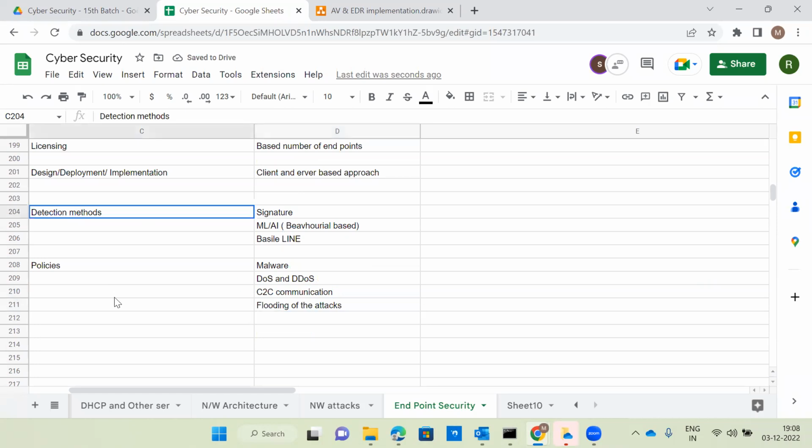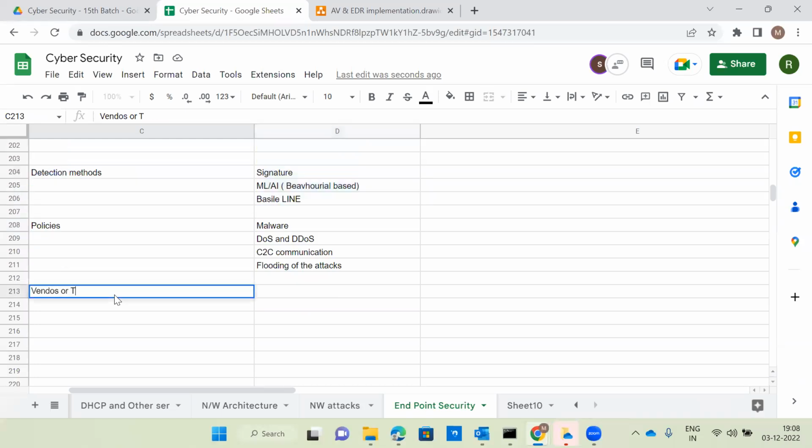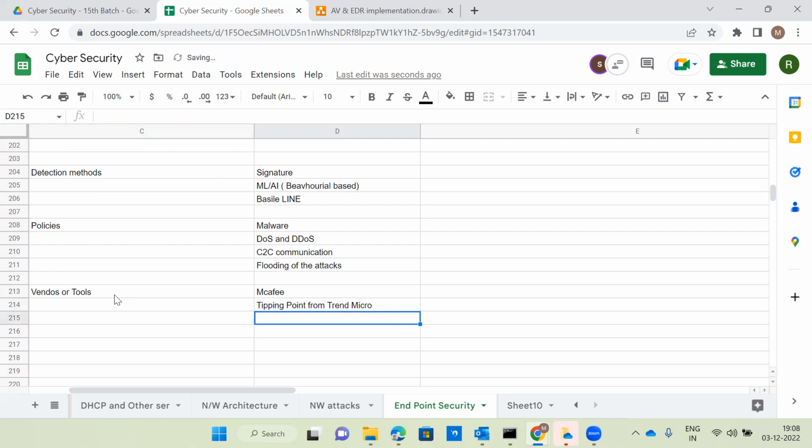Now, which vendors or tools are available? Very popular ones right now in the market for IDS IPS or host IDS, host IPS: one is McAfee. Next is TippingPoint from Trend Micro. Next we have F5 HX, not NX.